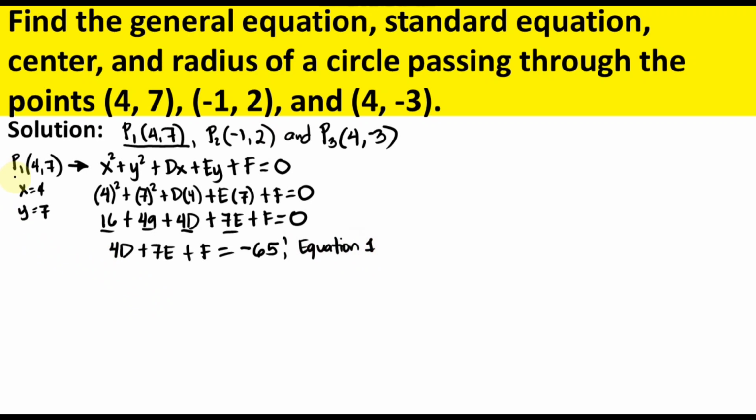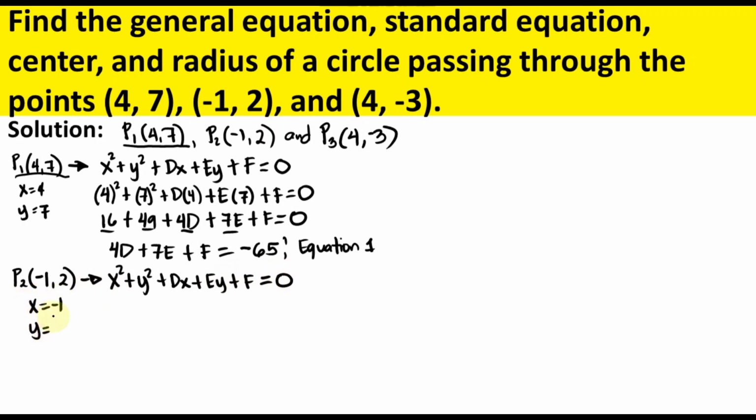Next, point 1 pa tayo. Point 2 or point sub 2, that is (-1, 2). So again, the general equation of a circle is x squared plus y squared plus dx plus ey plus f equals 0. Then ang x natin is negative 1, ang y natin is positive 2.